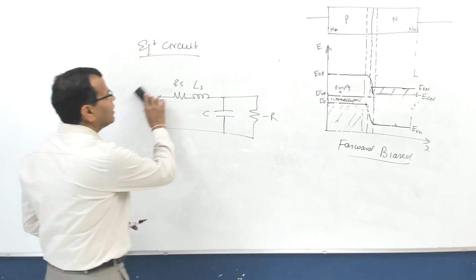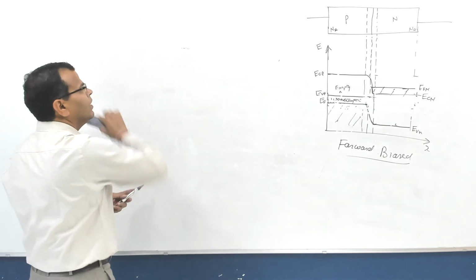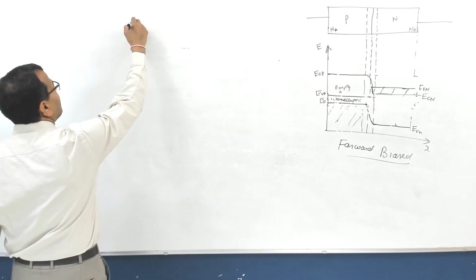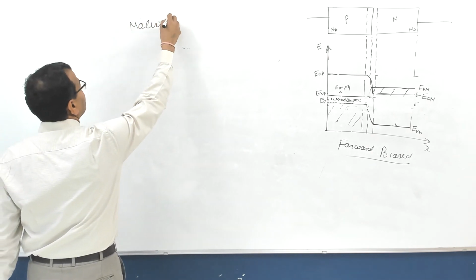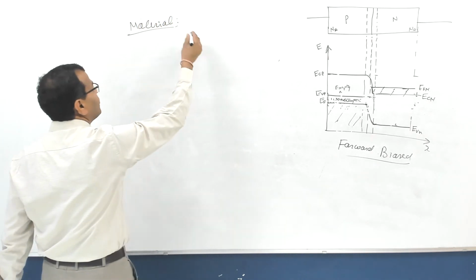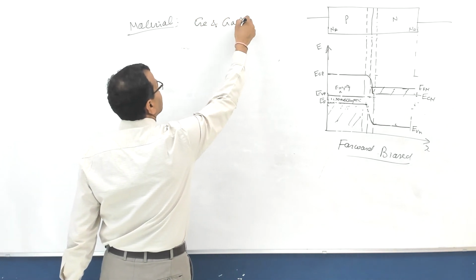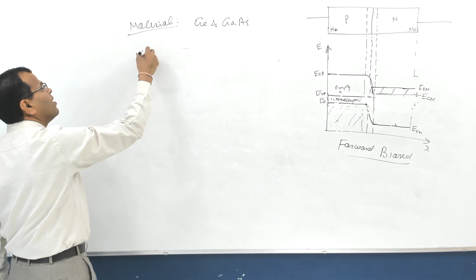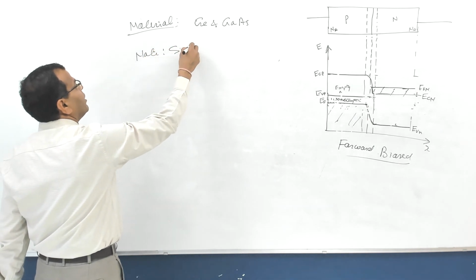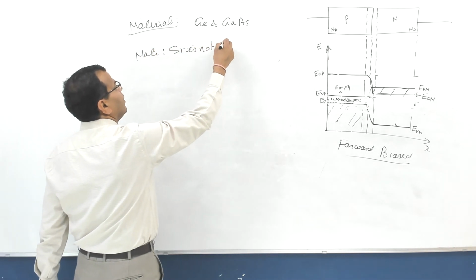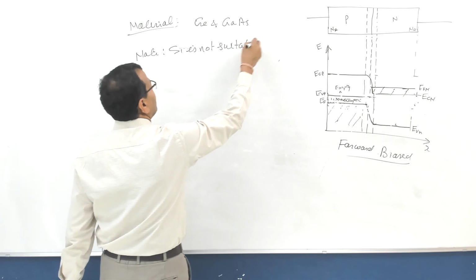Fine. What are the materials used? This is a question in exams, engineering services prelims of course. The materials used are germanium and gallium arsenide. Note, silicon is not suitable. Why?